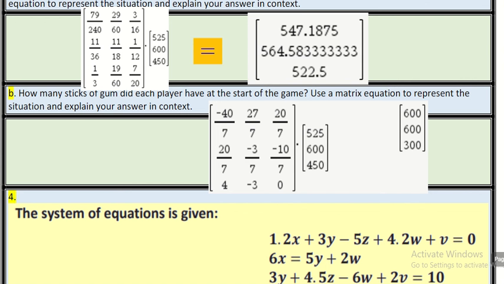And that's how we can work backwards to find out how much gum each person actually started with.